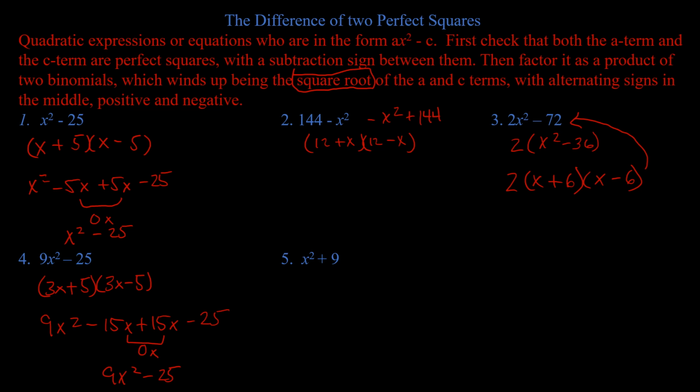And lastly, let's take a look at this last one. I notice that x squared is a perfect square. I notice this 9 is a perfect square, but it also doesn't have a subtraction sign.